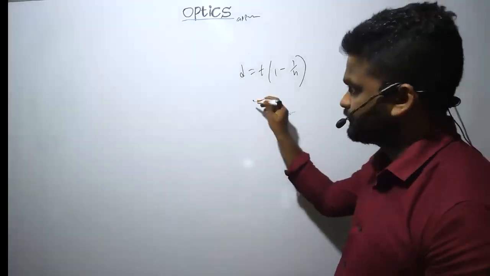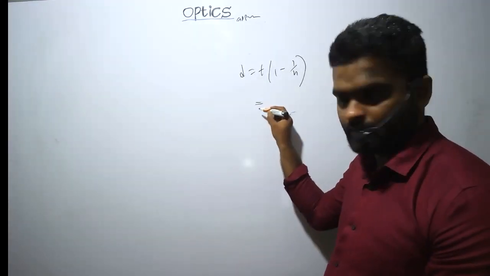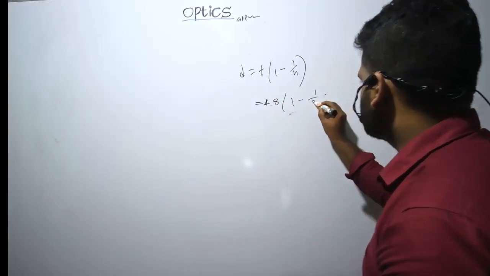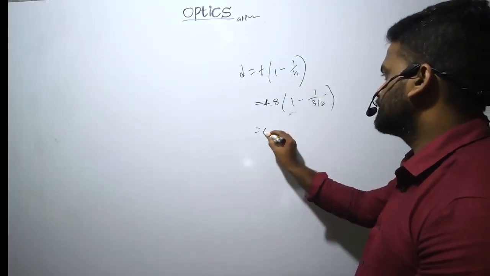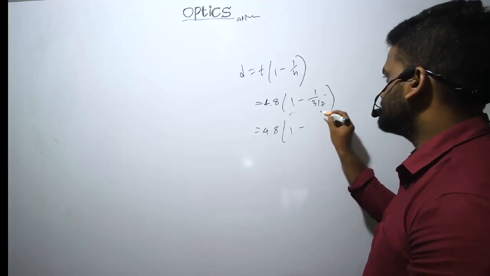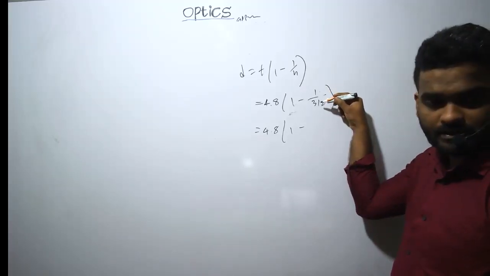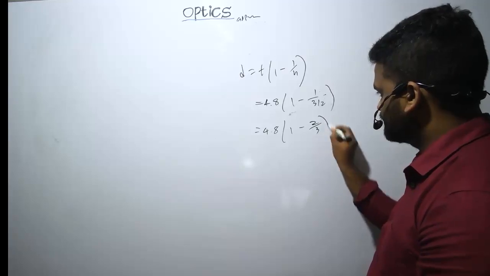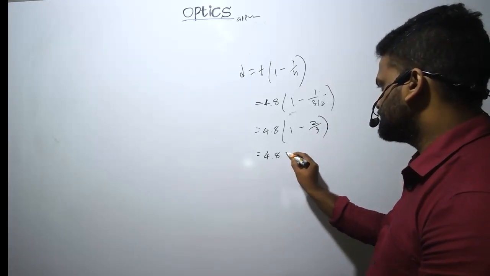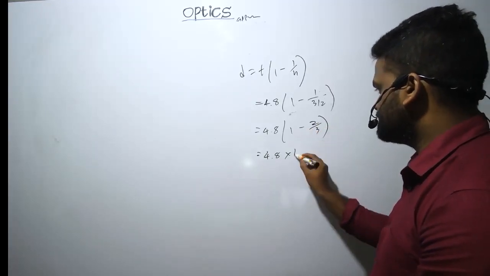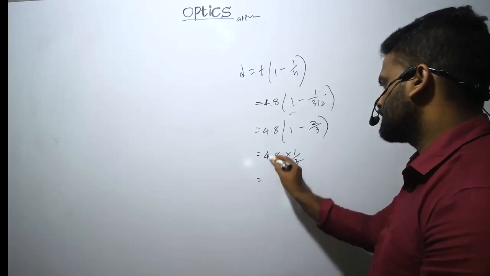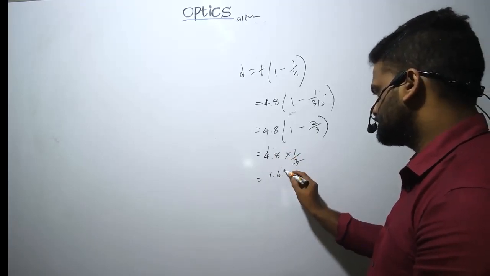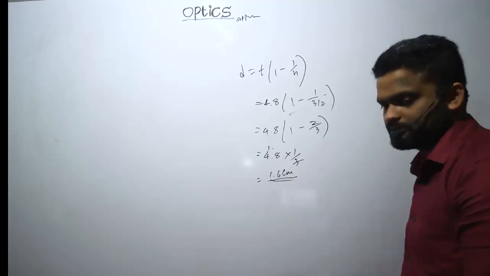Okay, let's see. The thickness is 4.8 times 1 minus 1 over 3 over 2. 1 over 3 over 2 means 2 over 3. So 4.8 times 1 minus 2 over 3, which is 1 over 3. That gives 1.6 centimeters.